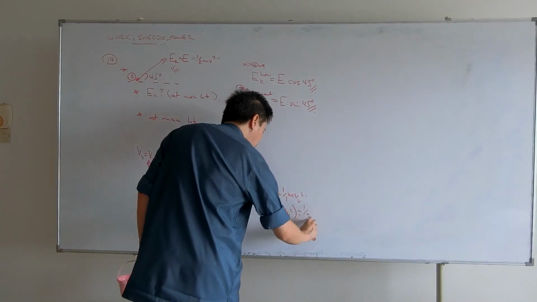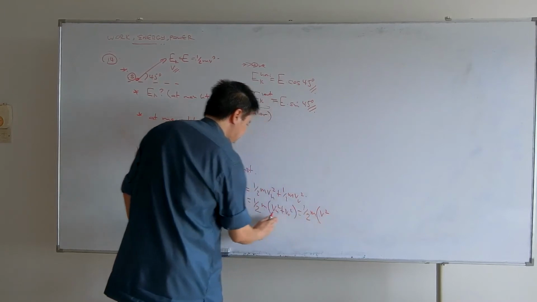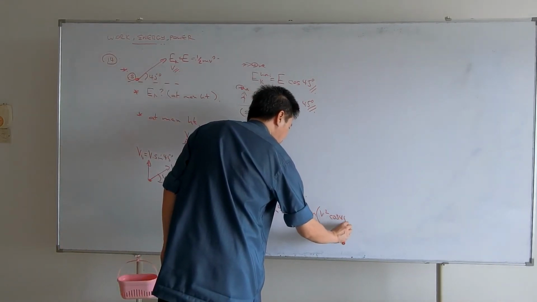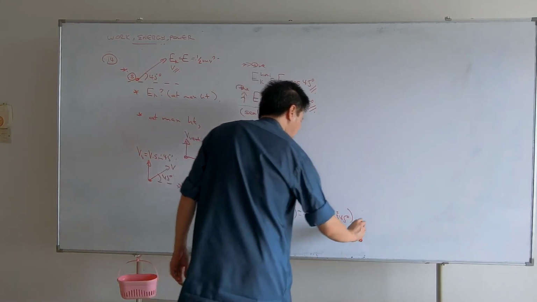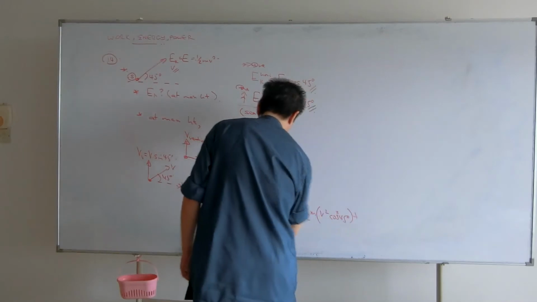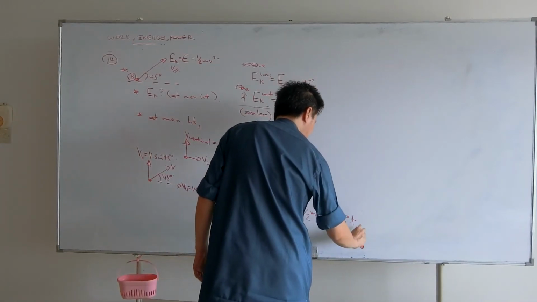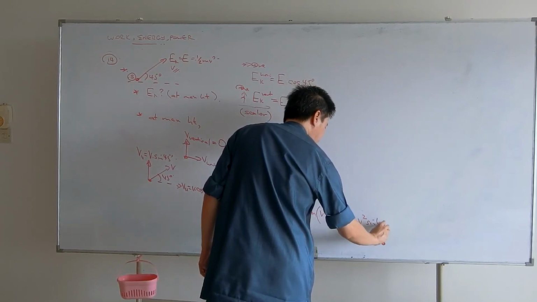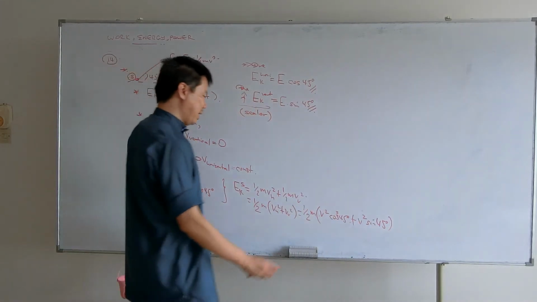So you got half m V squared, where h is cos 45 degrees squared, plus, let's make this simple for you, plus V squared sine 45 degrees squared. Hopefully you guys have seen trigonometric identities before.